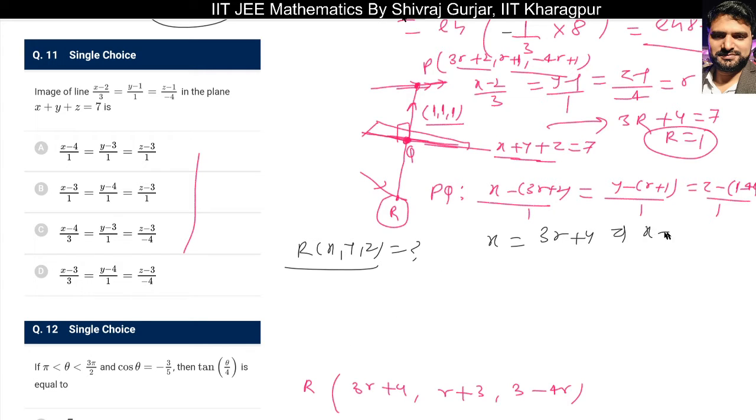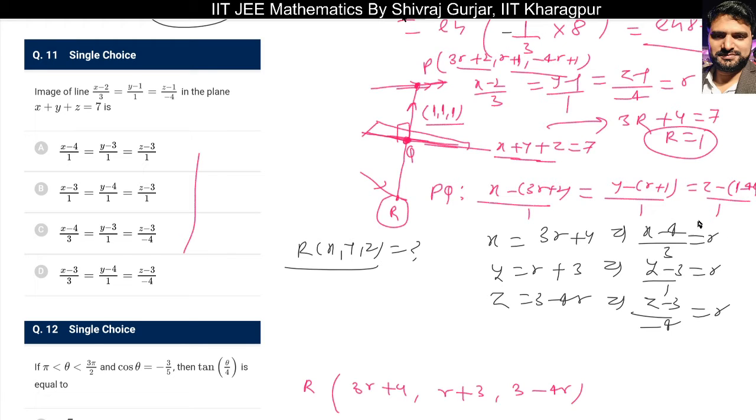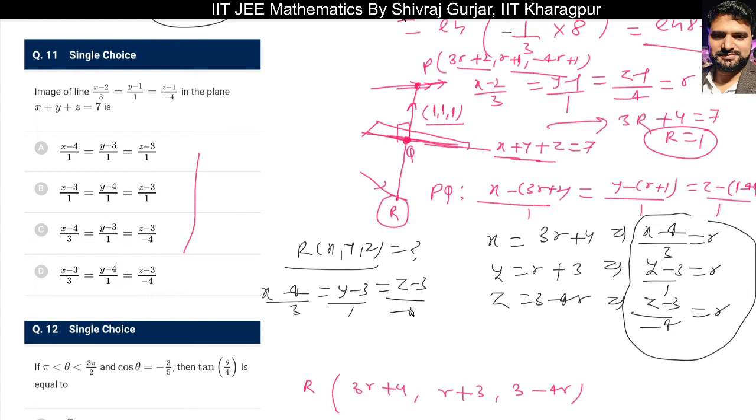This gives (x minus 4) divided by 3 equals r. y is r plus 3, so y minus 3 equals r, and z is 3 minus 4r, so from this we can say that (z minus 3) divided by minus 4 equals r. Now these three terms are equal, so (x minus 4) divided by 3, (y minus 3) divided by 1, (z minus 3) divided by minus 4. So this is the answer, which is a line itself.